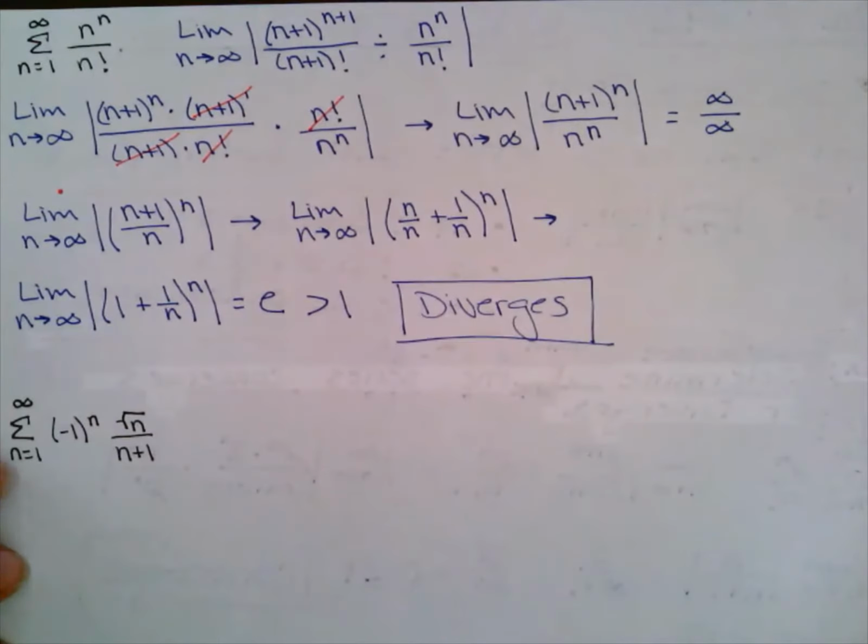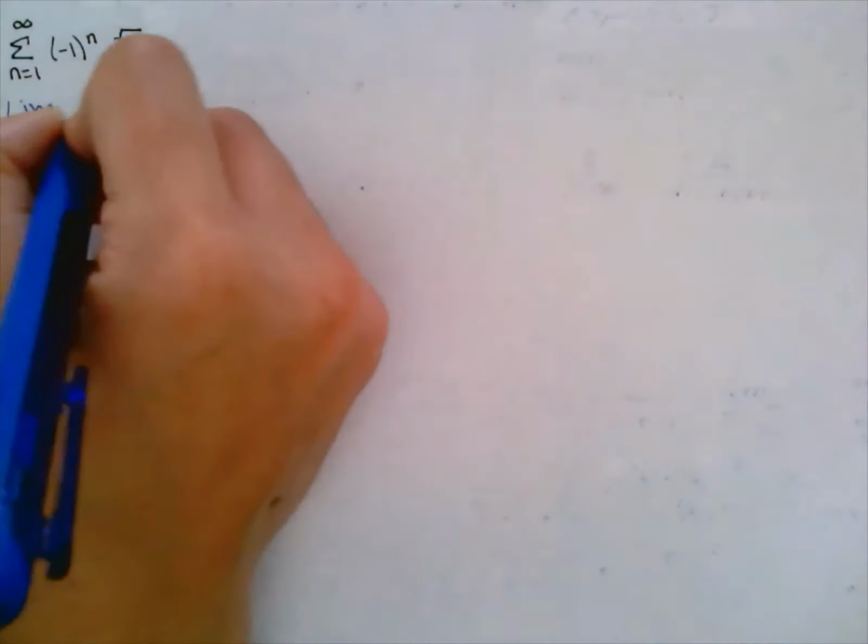Let's go ahead and look at our next one. Okay? I see multiple n's here, so I know I'm trying my ratio test. Now, because this rule starts off with you putting on absolute values on the outside, you can ignore this from the beginning, okay?